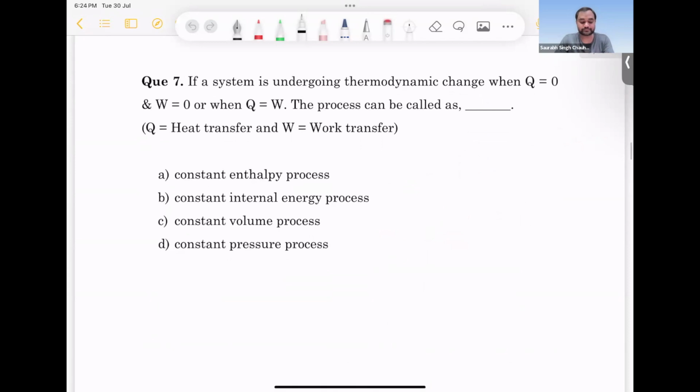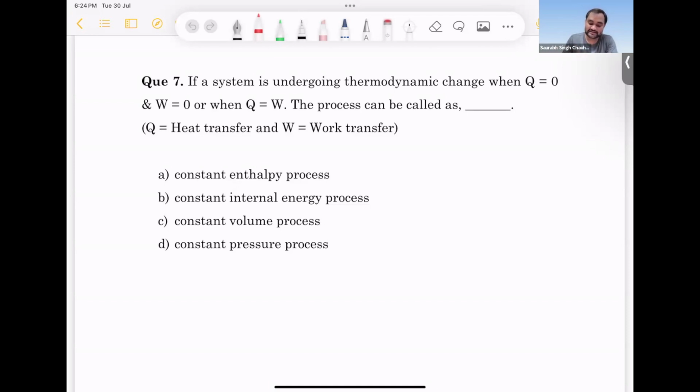Question 7. It says, if a system is undergoing a thermodynamic change when Q is equal to 0 and W is equal to 0, or when Q is equal to W, the process can be called as, here Q is heat transfer and W is work transfer.